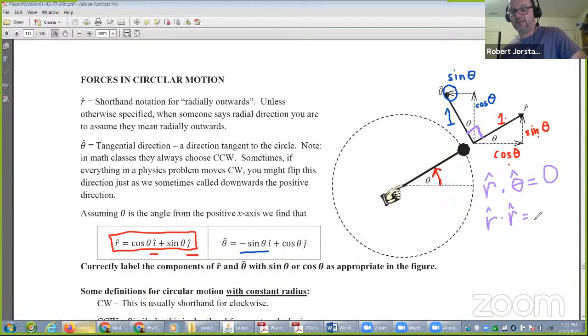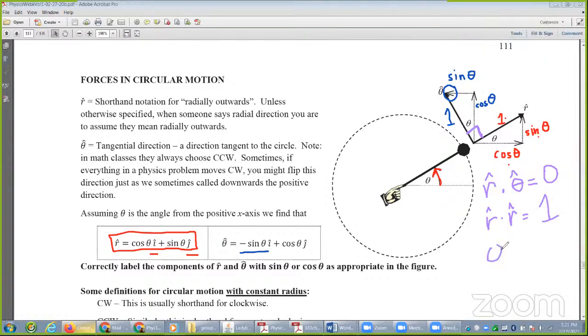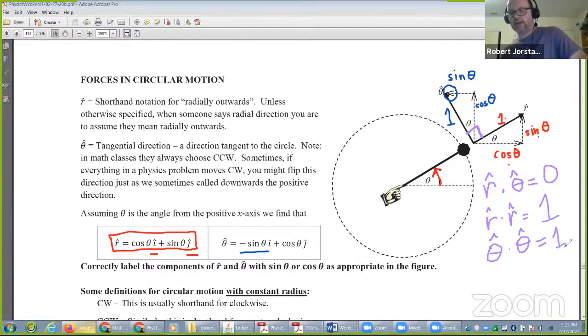What's any hat vector dotted with itself? 1. Yes, 1. Theta hat too, right? Any hat vector dotted with itself is 1. What about this? What's r hat cross theta hat?